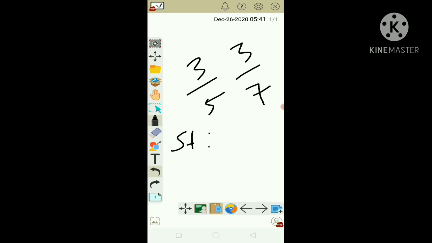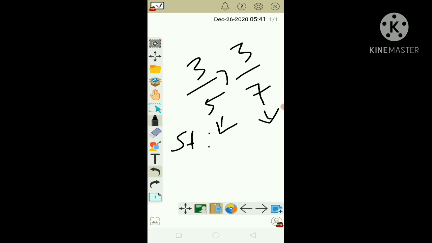When you see this kind of sum, the rule will automatically come to your mind: the smaller denominator is greater. 5 is the denominator, then 7 is the denominator. You have to compare these denominators. 5 is the smaller, so 3 upon 5 is the bigger fraction compared to 3 upon 7.